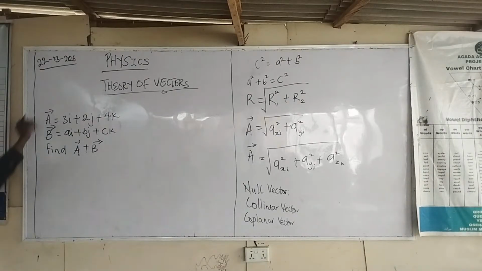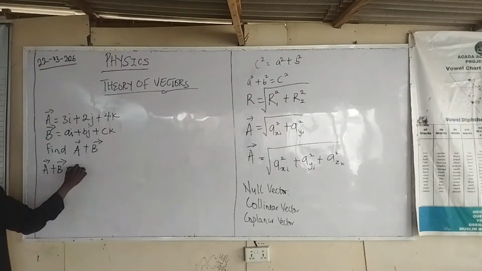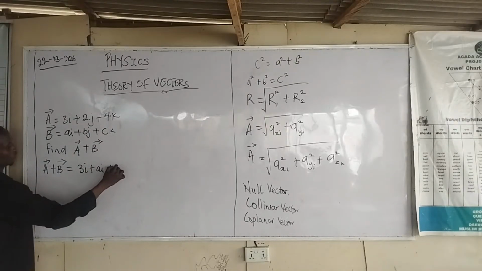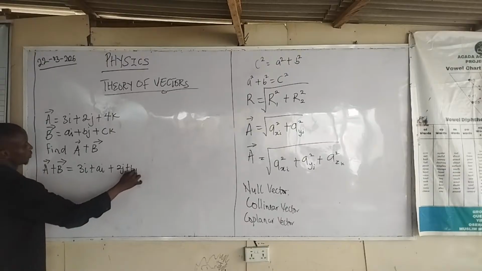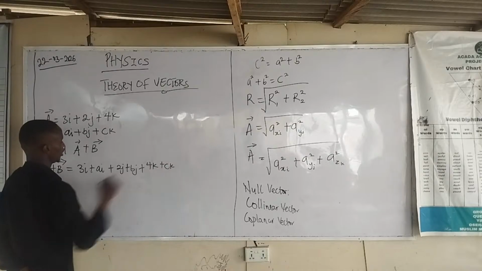Alright. So look at this now. What we're going to do is pick out the components individually. For A plus B, we have 3i plus ai plus, plus ck.